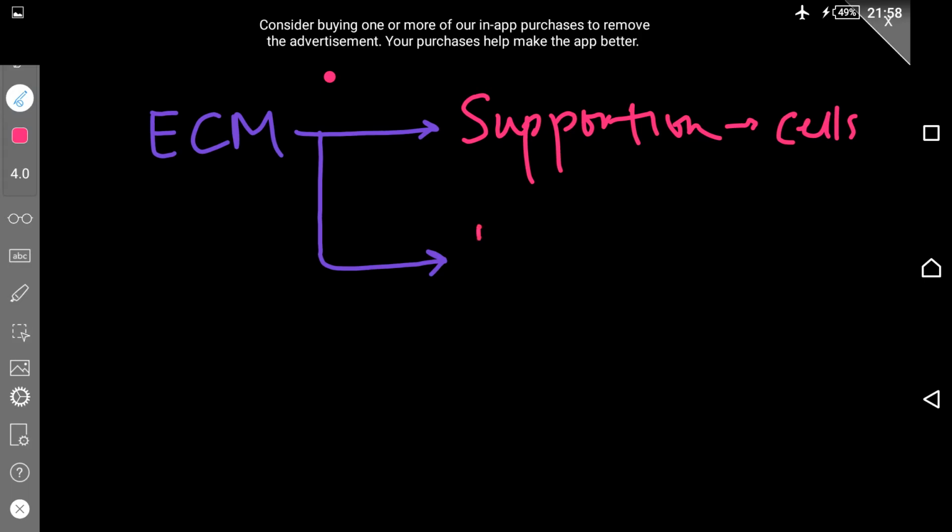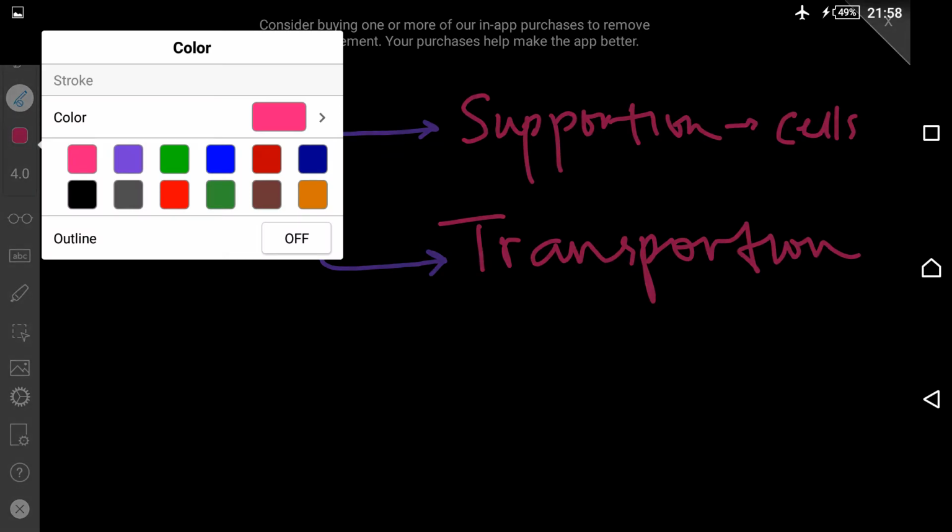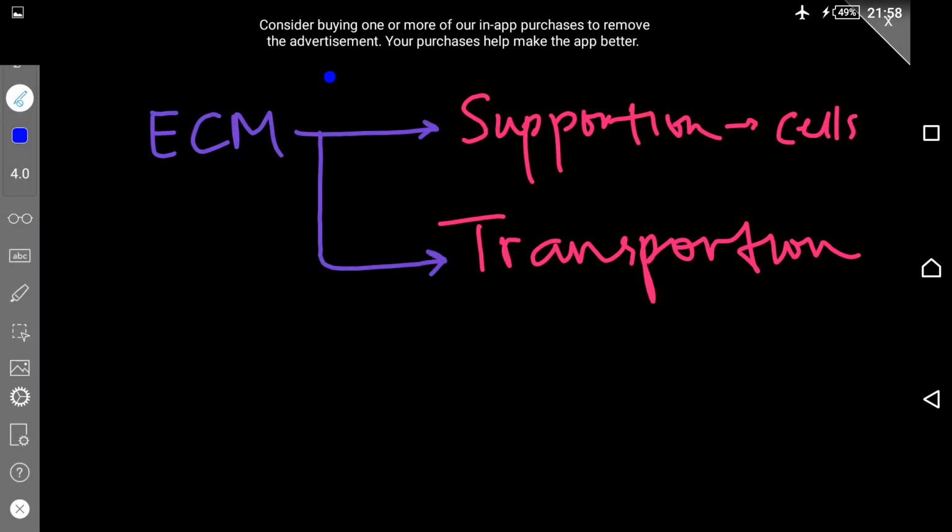Next is transportation, and extracellular matrix takes part in transportation. In the act of transportation, three different types of molecules or structures are being transported by the extracellular matrix.